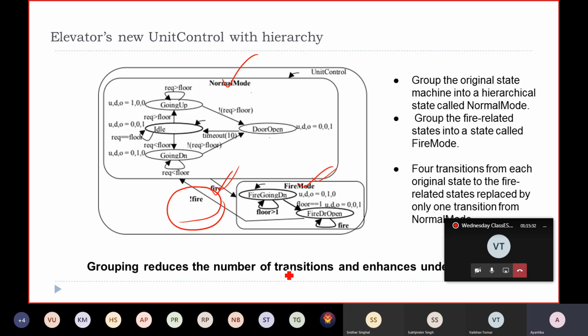But in case of fire mode, the not-fire control priority should not be so high. We will term that a separate type of transition, called transition on completion.